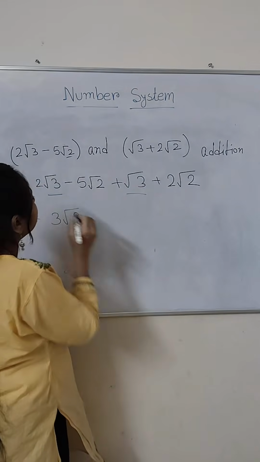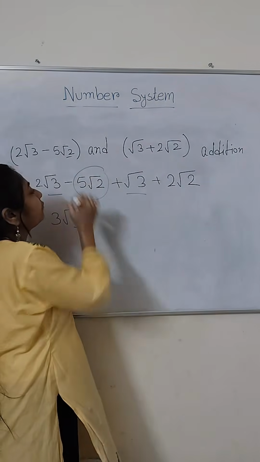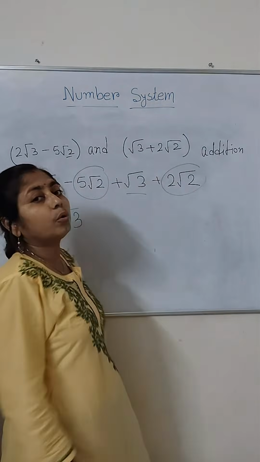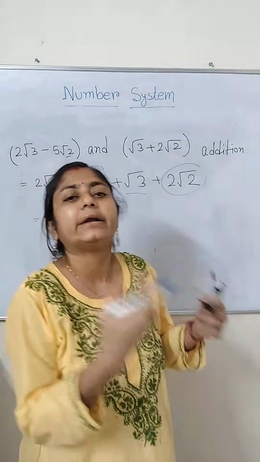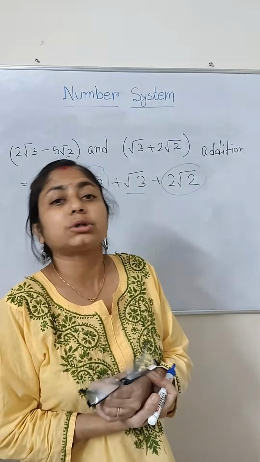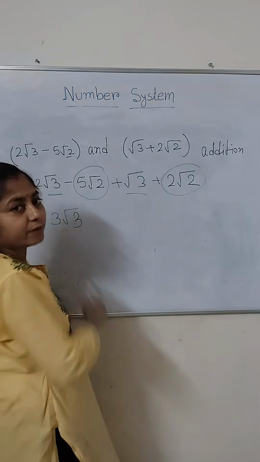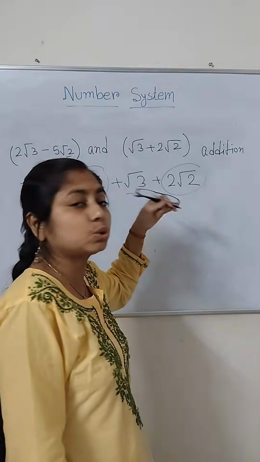3 root 3. Now, go to the second step. Now, you check this one. 5 root 2 and this is 2 root 2. Both the root parts are same. So in that case, we can do the addition or subtraction. Here it is minus 5 root 2. Number is 5 and here it is plus 2 root 2.